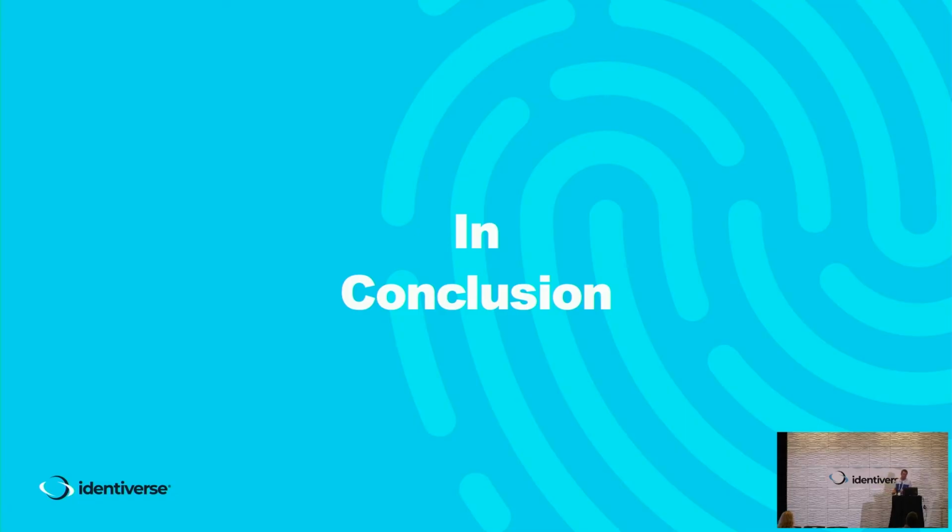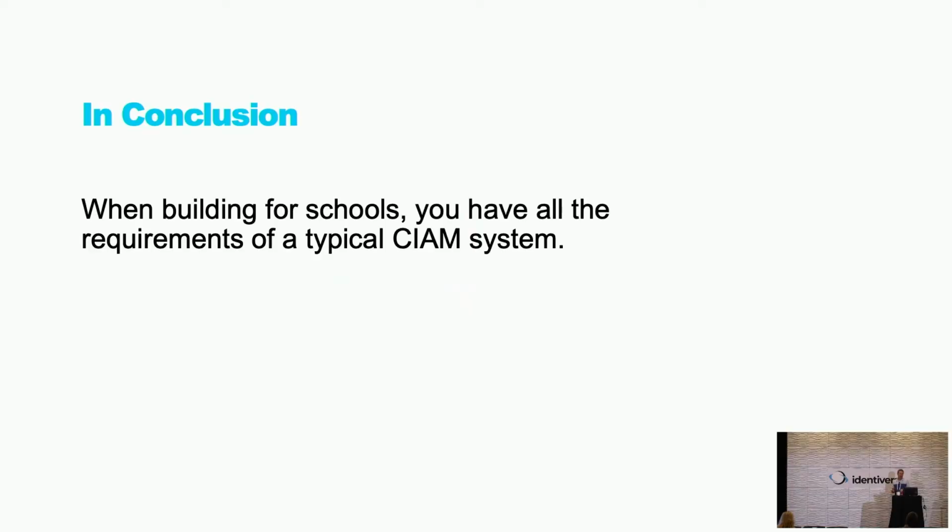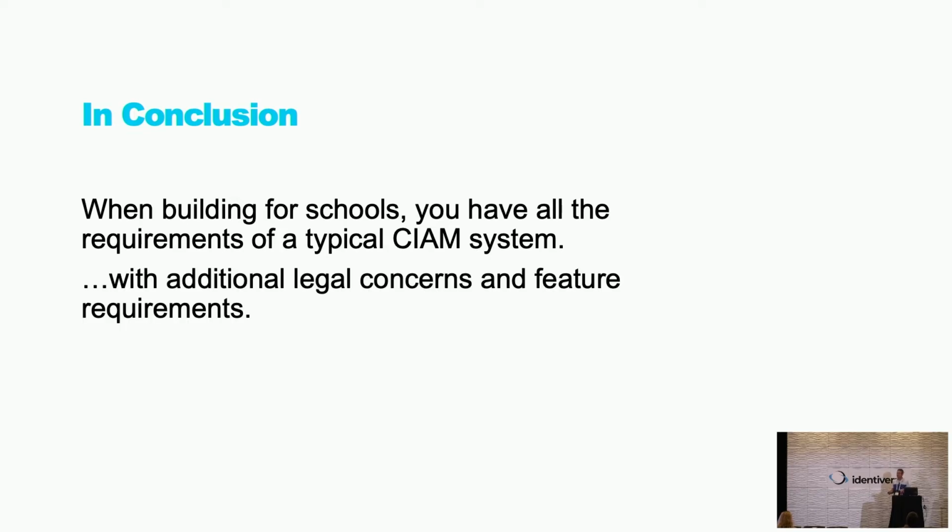So, to sum up, when you're building for schools and thinking about identity in schools, you have a lot of attributes that are similar to a typical CIAM solution: scale, the need for self-service, and the cost structure. But you also have some fundamental differences. You need to think about additional legal concerns, whether that's data governance or data locality, the laws that I went through.